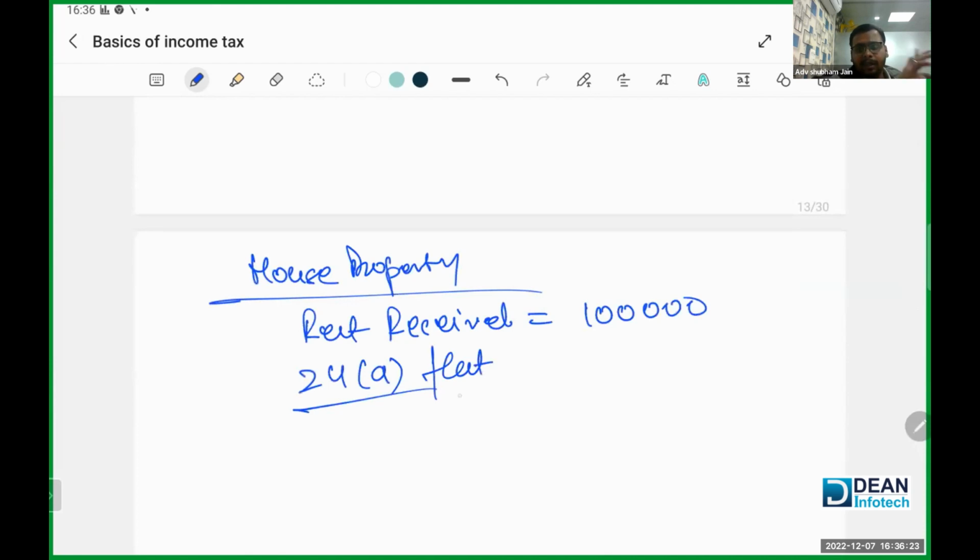Now, to calculate the rent received, there are various other provisions to calculate how much rent has been received, to calculate the ownership of the let out property, self-occupied property. There are a number of provisions, but we cannot discuss all the provisions over here right now. To tell you a brief, I'm telling you rent received minus 30%.